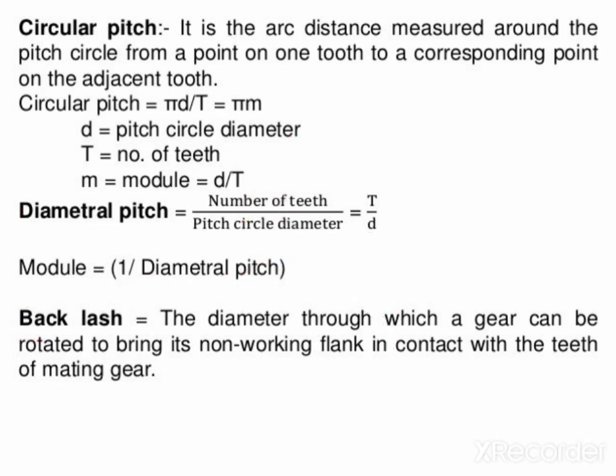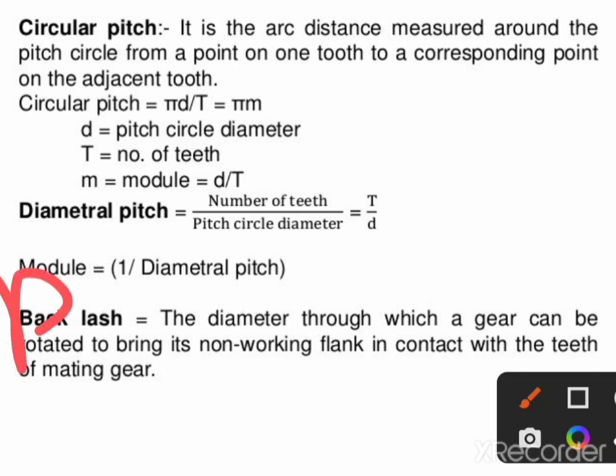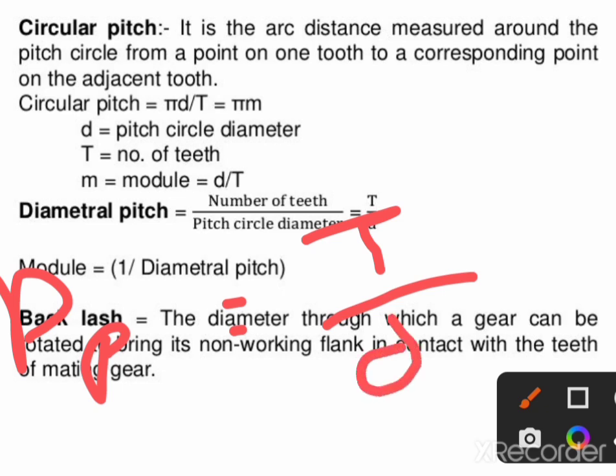Then diametric pitch. What is diametric pitch? It is the number of teeth per unit length of pitch circle diameter. This diametric pitch is represented by dp. Is it clear?